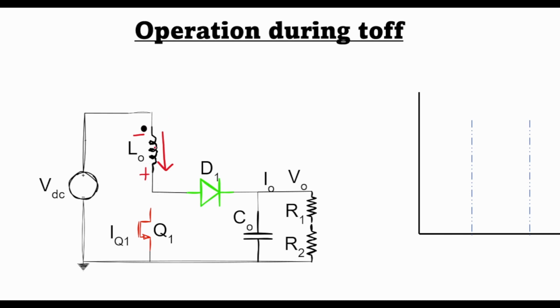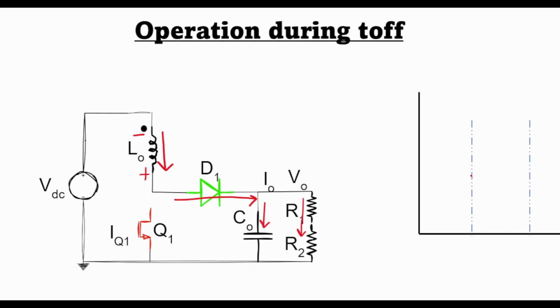And the energy that was stored in the magnetic field of the inductor is now supplied to the output load via the diode D1, where it not only provides current to the load, it also replenishes the charge that was lost by C0 during T on operation.